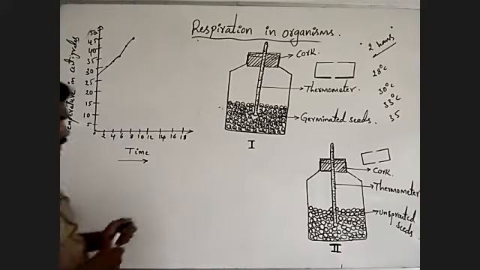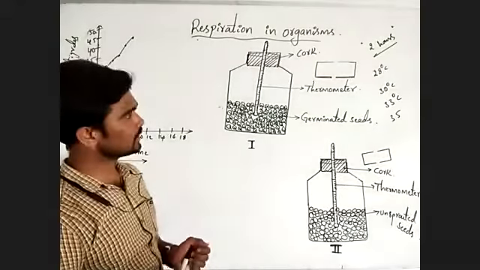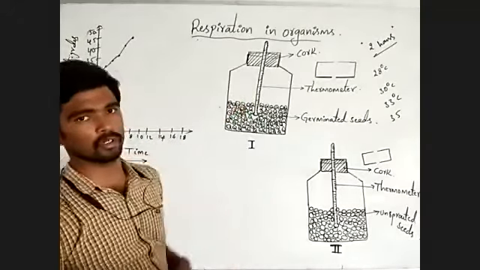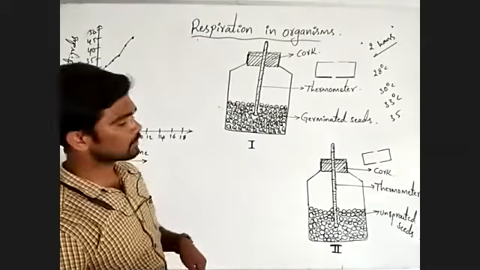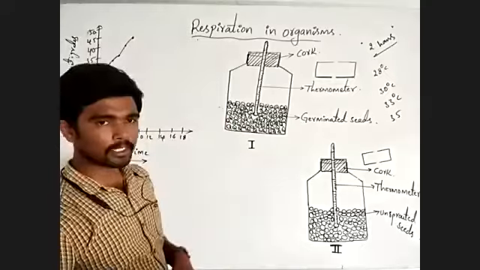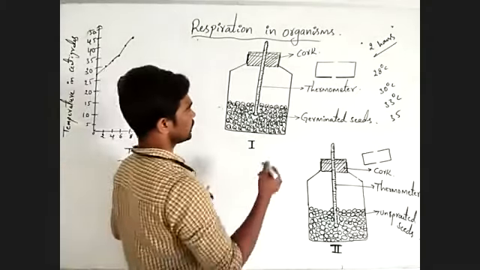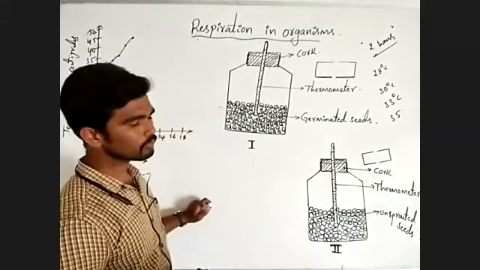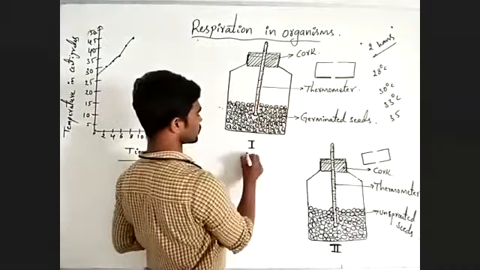If you collect the readings, you can observe increase in temperature inside of the bottle. What is the reason for increase in temperature inside of the bottle? Here you can observe increased temperature only in the first bottle.